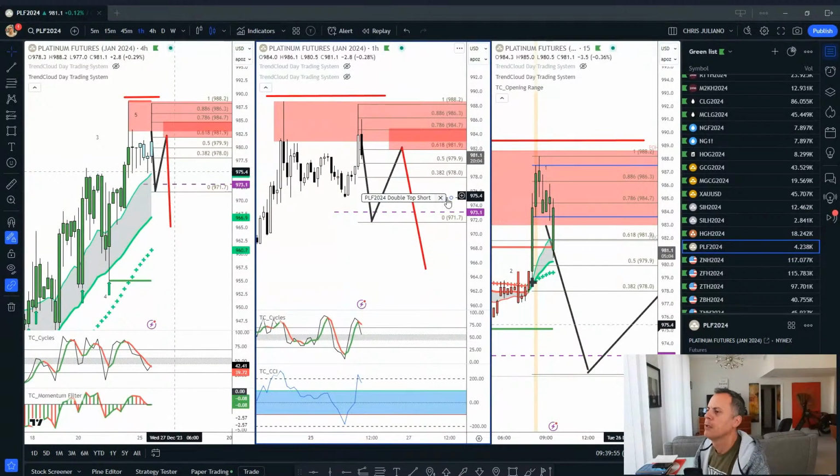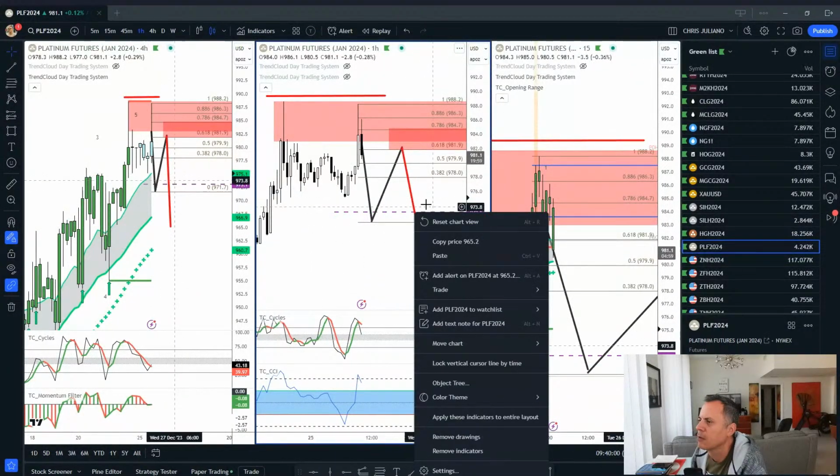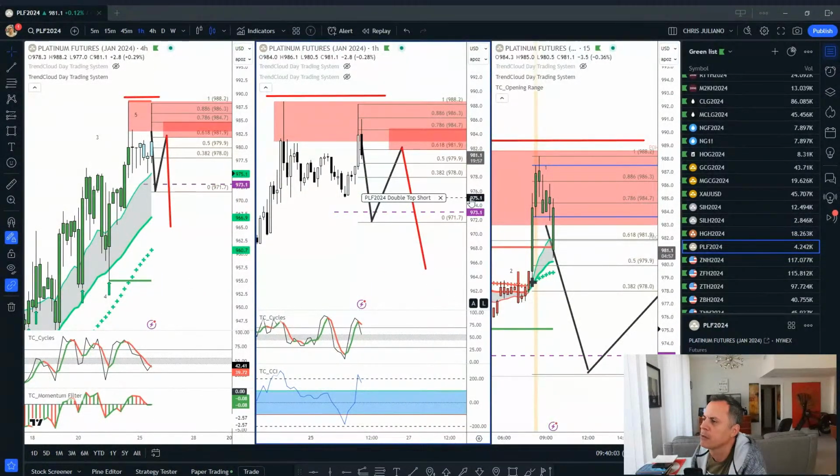All right. Huh. That sucker usually goes straight across.